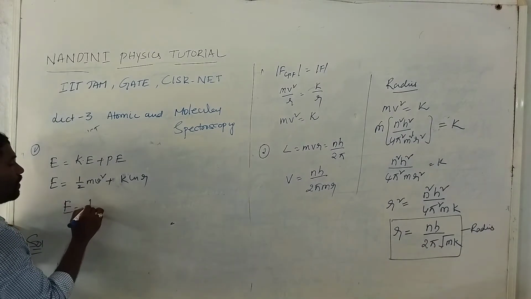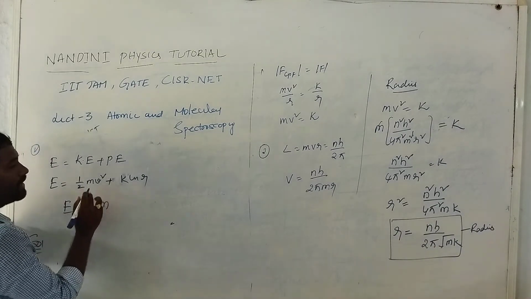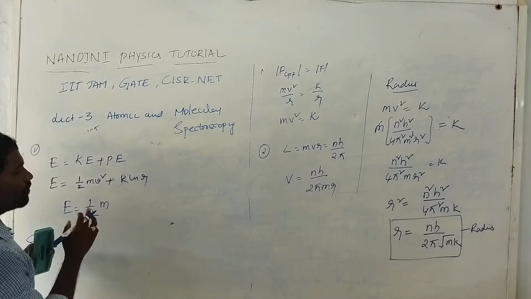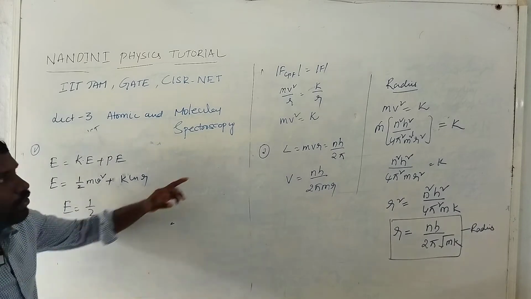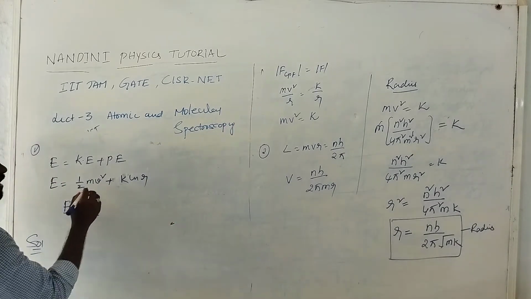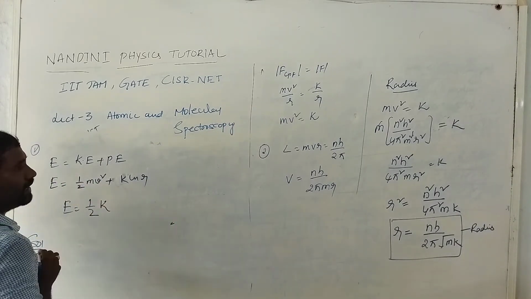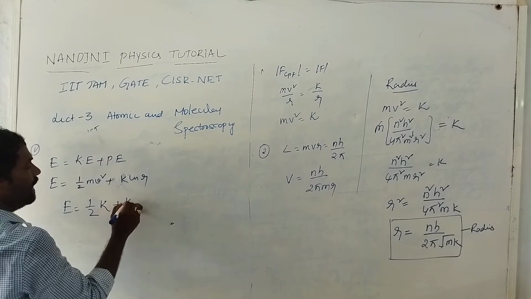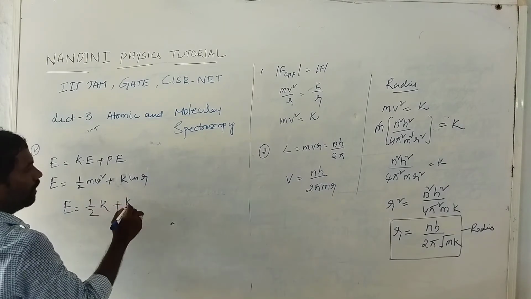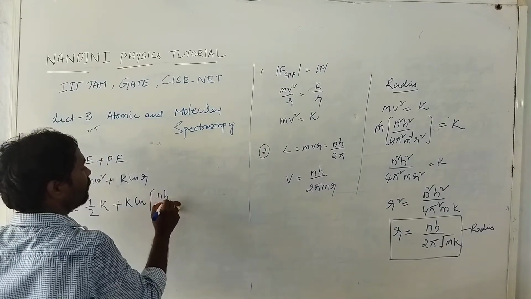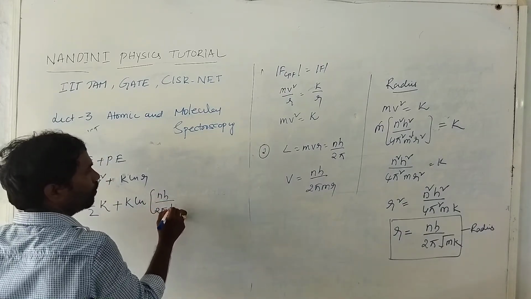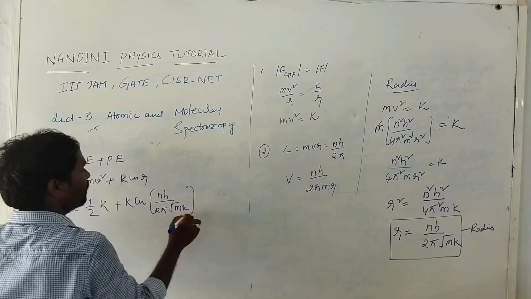So energy is equal to half into m v square, and mv square is k, so half k, plus k times ln r, where r is nh divided by 2 pi root over mk. So this is your energy value.